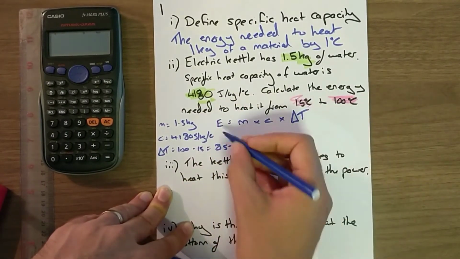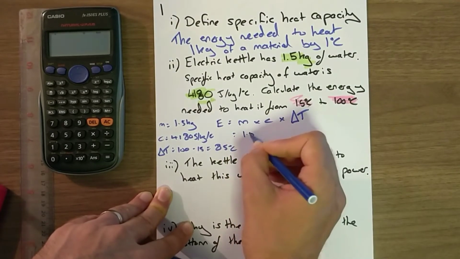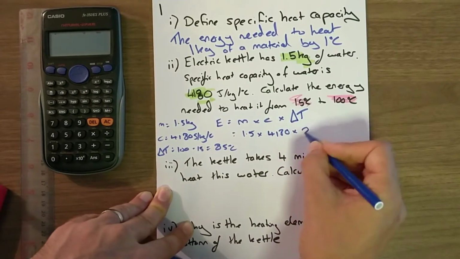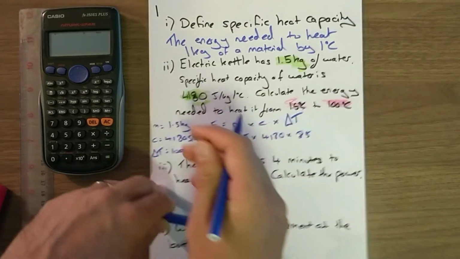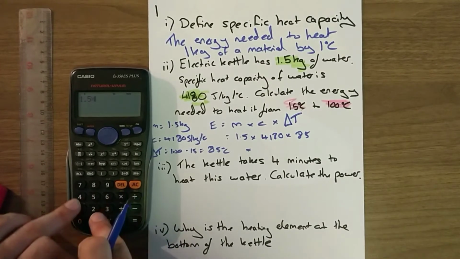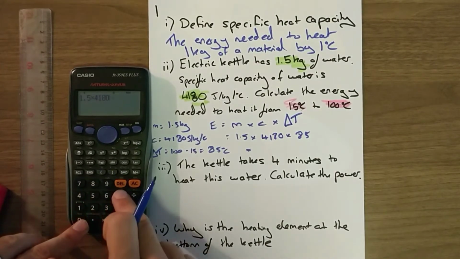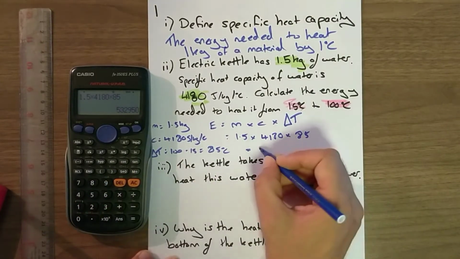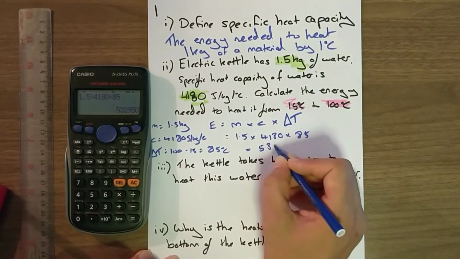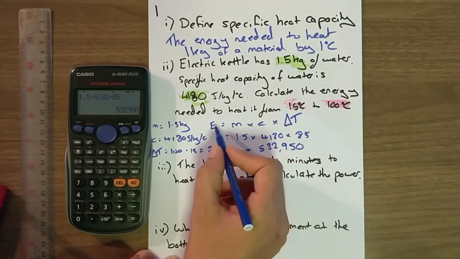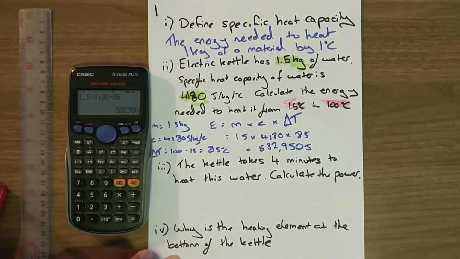That matches our equation. So the energy needed is the mass, 1.5 times 4,180 times 85. Put that into my calculator. 1.5 times 4180 times 85 gives me an answer of 532,950. Energy is measured in joules.